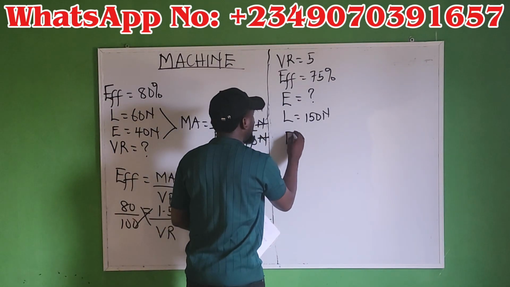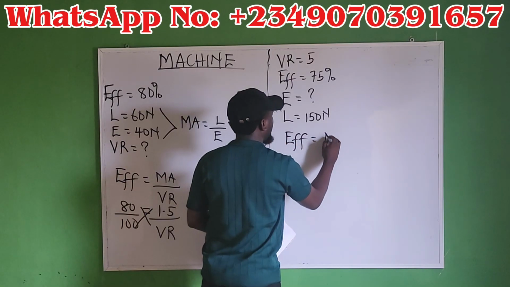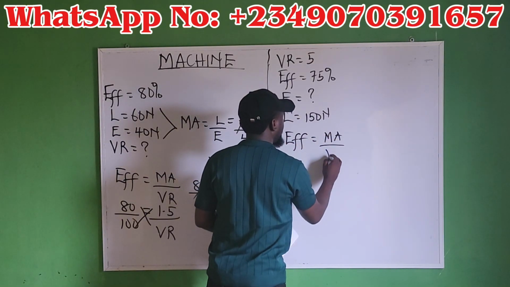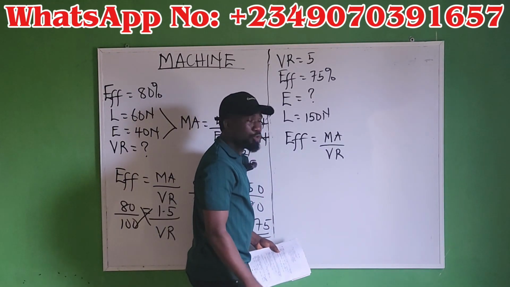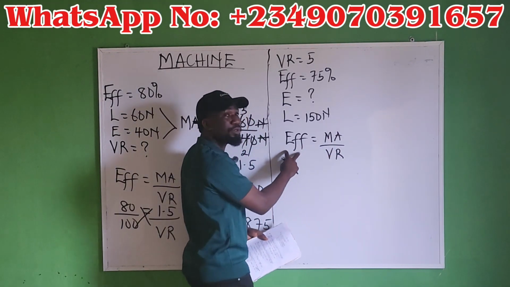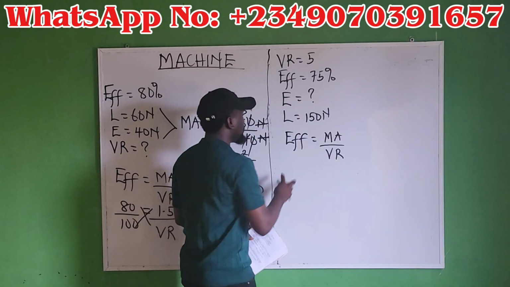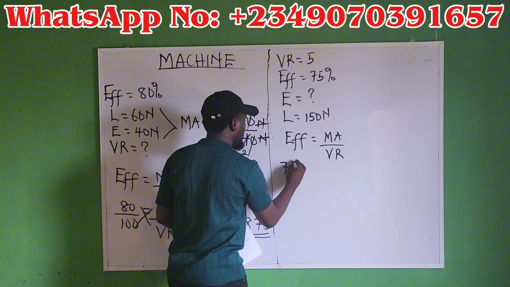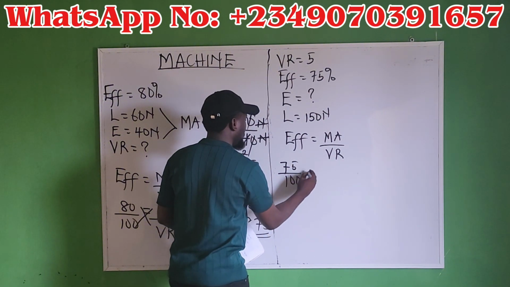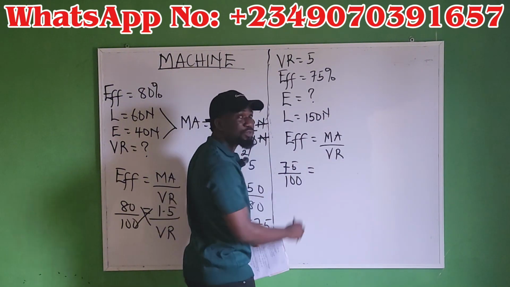We know that efficiency is mechanical advantage over velocity ratio. Do I need to put times 100%? No. You only put times 100% if you are looking for efficiency. So what is the efficiency here? That is 75%, that's 75 divided by 100, and it is equal to mechanical advantage.